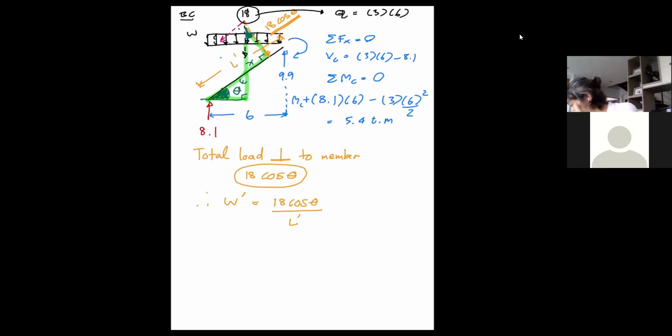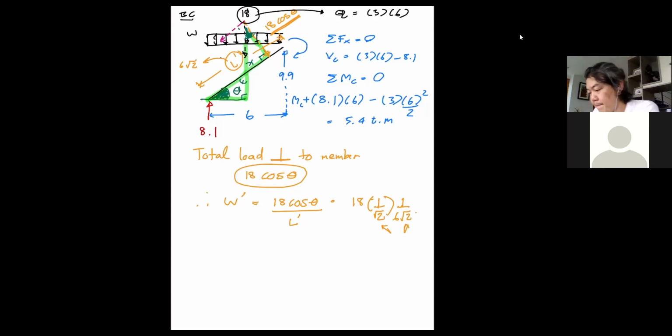Okay? So, with that said, because the degree is simple, you can easily calculate this as 6 square root 2, right? So that means this is equal to 18. The cosine is 1 over square root 2, divided by the length, which is 6 square root 2. So you can see there are two components of trigonometry in your equation.